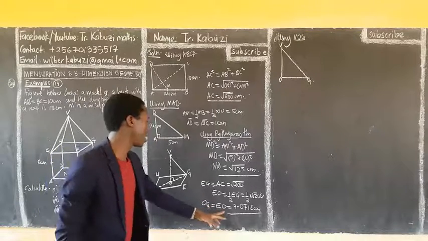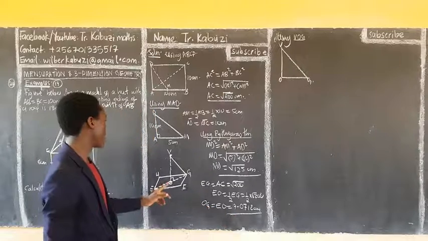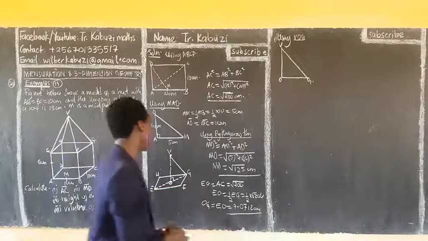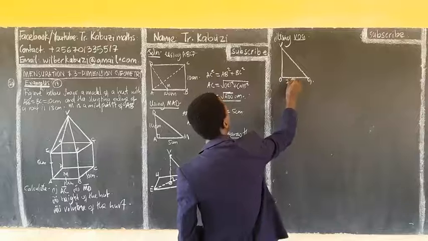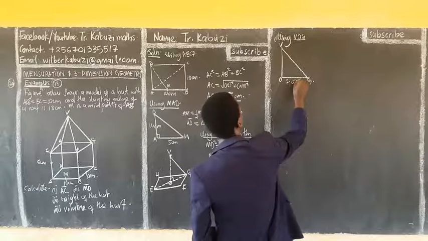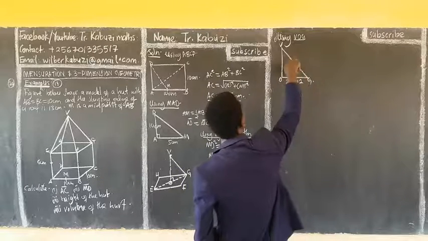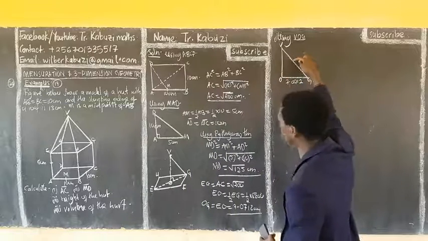OG is equal to OE equal to that, because from here up to here is equal to from here up to here. So my OG is 7.0712.